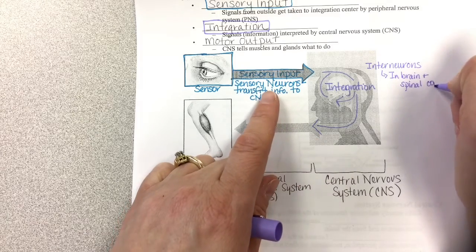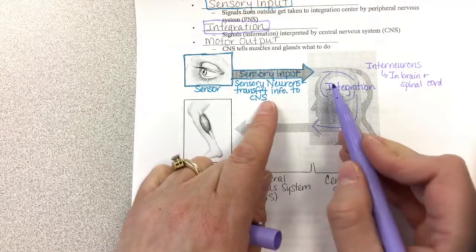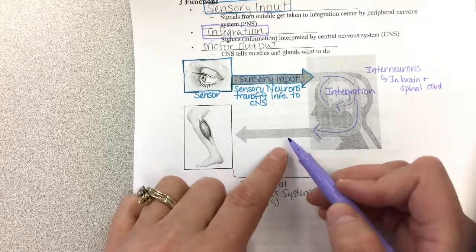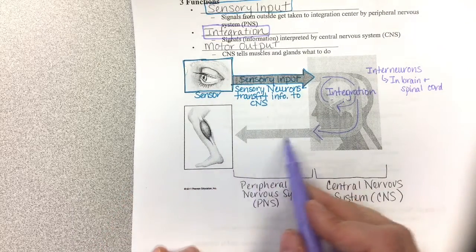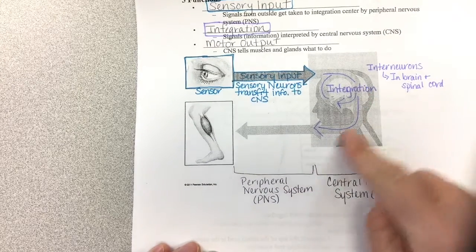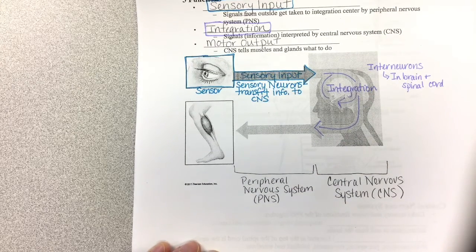There are sensory neurons that can communicate to interneurons, which then can communicate to your motor neurons. So this part right here is your brain and spinal cord.